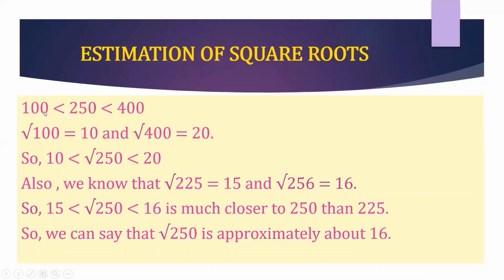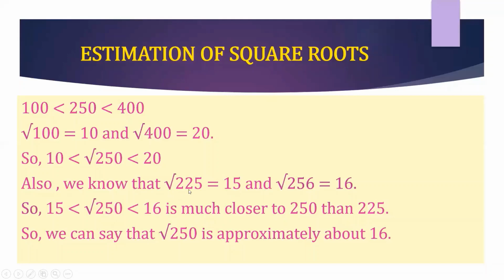Here I started with 100 and 400, then I'll move further with the closer numbers. So what you have to do is find the perfect square numbers which are nearby to the given number. For 250 we have 225 and 256.